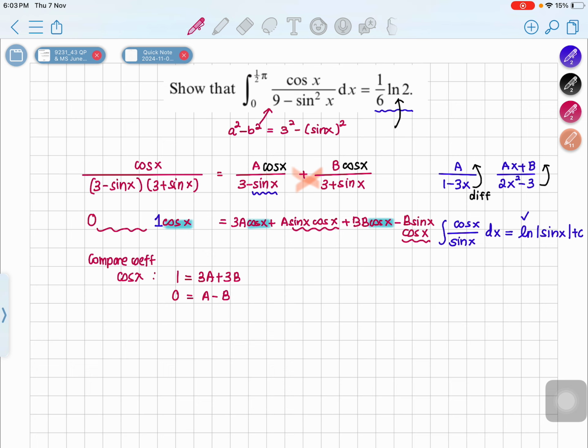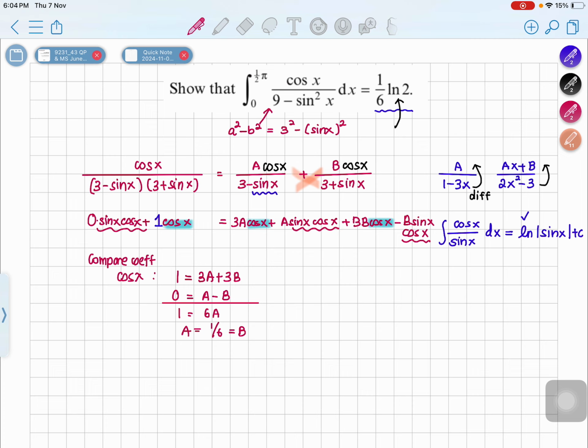You can think of it as 0 sin x cos x. That's the only way you can balance it. Now you solve them by simultaneous equations. I add them up and end up getting 6a equals 1. So a is 1 over 6, which is exactly your b.